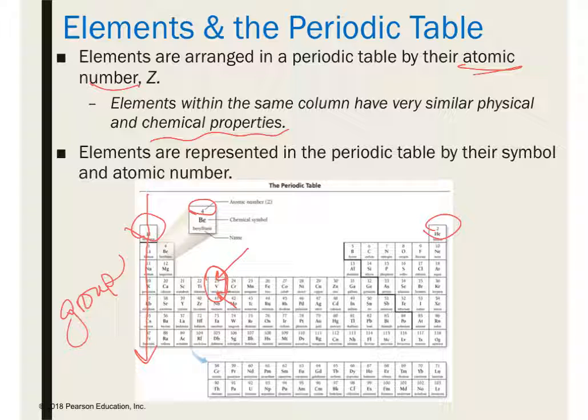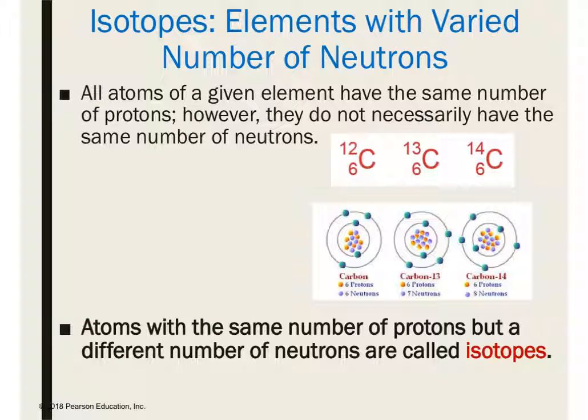Again, the top number is the atomic number, the number of protons, which is abbreviated with a capital Z. Then there's the chemical symbol. If the chemical symbol has more than one letter, the first letter must be uppercase and the second letter must be lowercase. So that's important. If you wrote beryllium like this, it would be wrong.